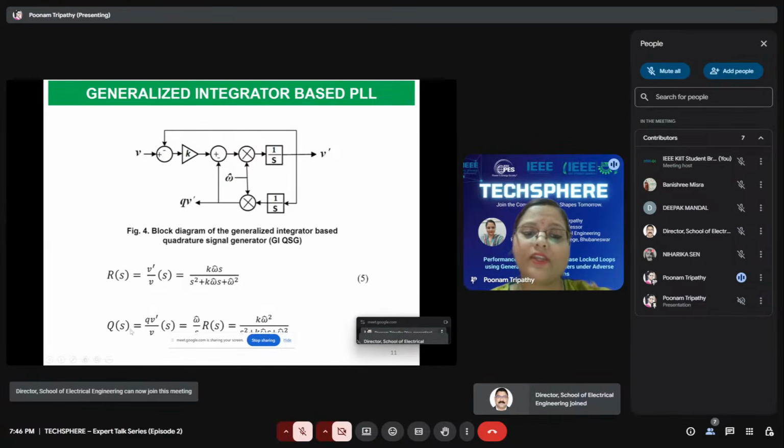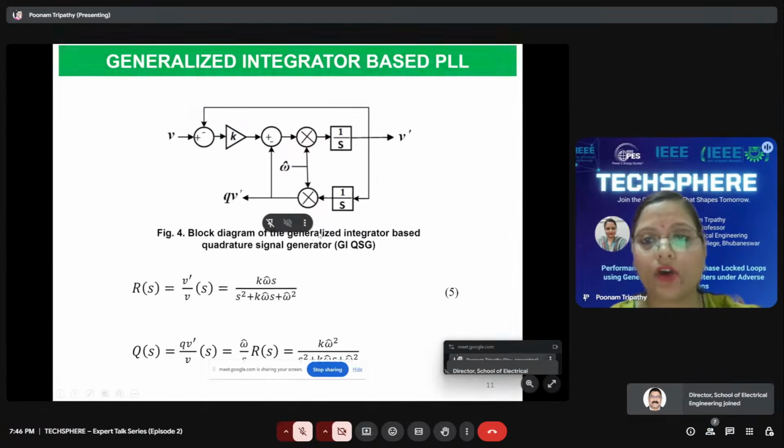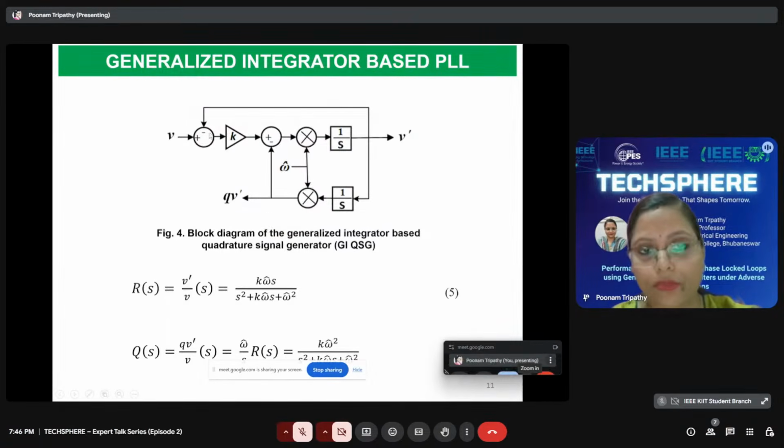Here D(s) and Q(s) represent the transfer functions: D(s) for the in-phase voltage component V dash with respect to the input voltage V, and Q(s) for the quadrature phase voltage component QV dash with respect to the input voltage V. The essence of deriving the transfer functions for the generalized integrator filters is that from the transfer functions, we can derive the Bode plot analysis, from which we can determine the disturbance filtering capability of each kind of generalized integrator based filter.